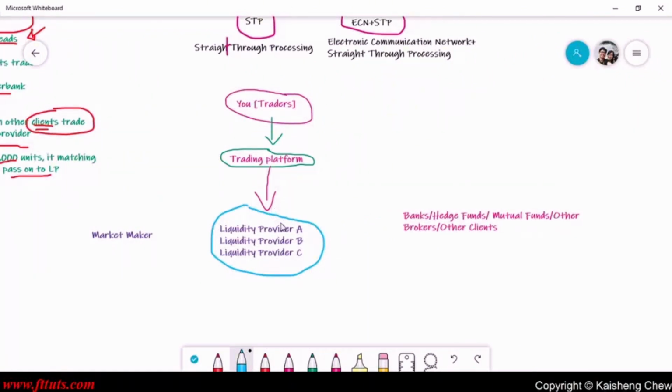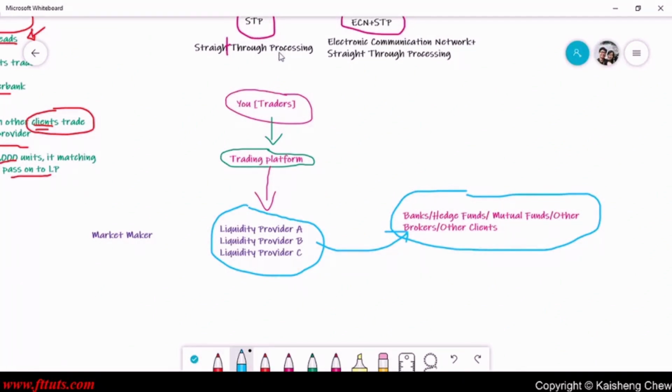Then this company will put your order through, matching with the banks, hedge funds, mutual funds, and other brokers or other clients. They are just like an intermediary only. They pass your order straight away to the pool of the market, if this is STP.